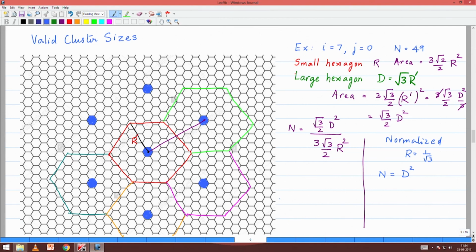Now, very, very important. What is d squared in the normalized framework? We showed that using the UV coordinate system, this will come out to be i squared plus j squared plus ij. So, the cluster size in a normalized framework should be i squared plus j squared plus ij, because that's what tells me that if I were to carefully draw the cluster, this is what the size would be, making sure that I get all.